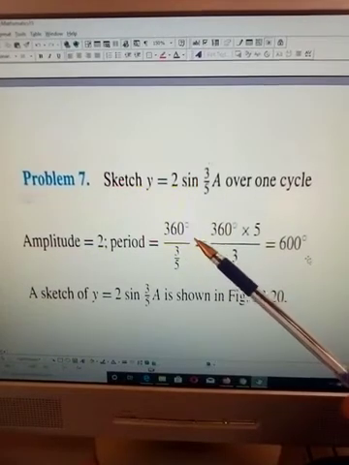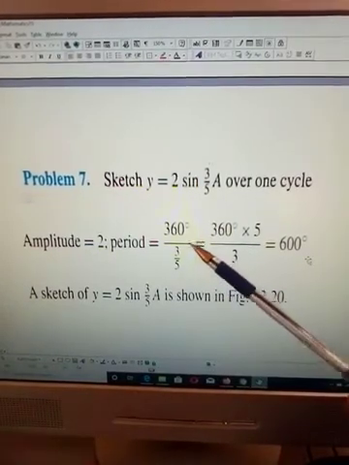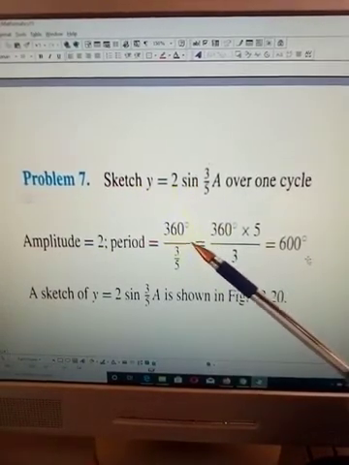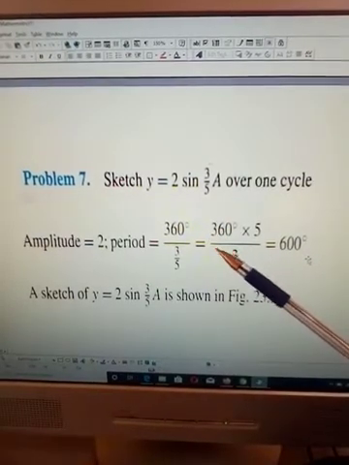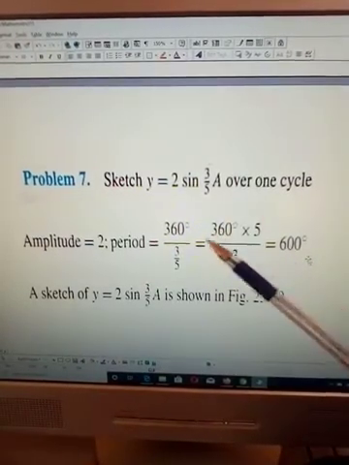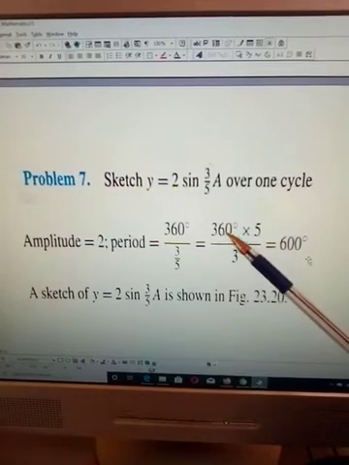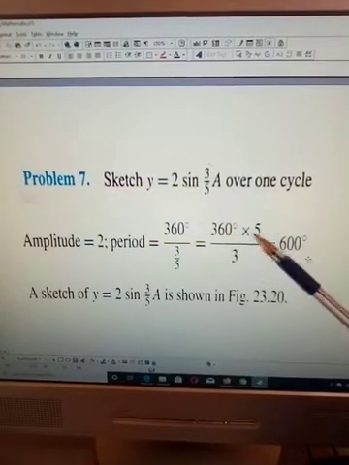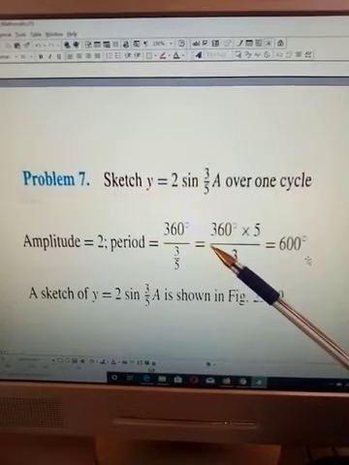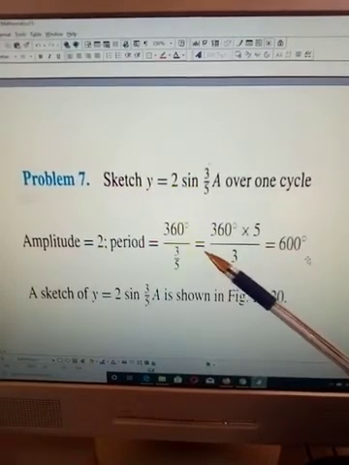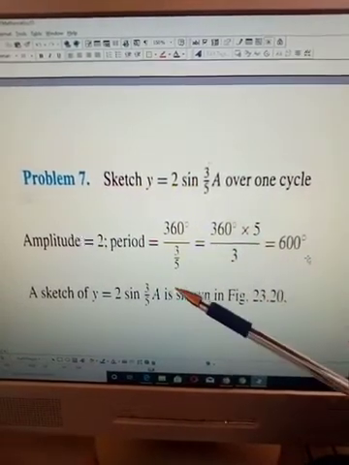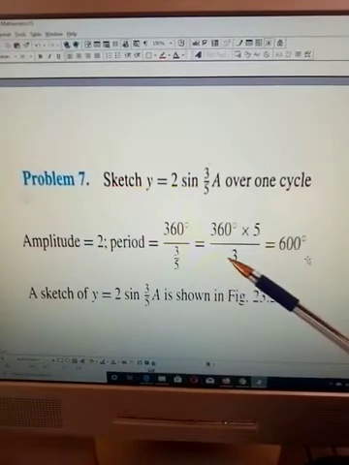Now here, we simply multiply out top and bottom by 5. And when we multiply top and bottom by 5, it will cancel out and leave us, as it says, 360 times 5 over 3. Okay? You multiply top and bottom by 5.